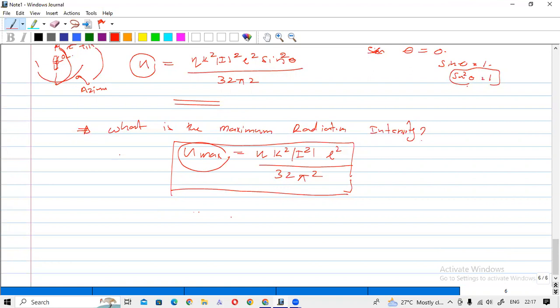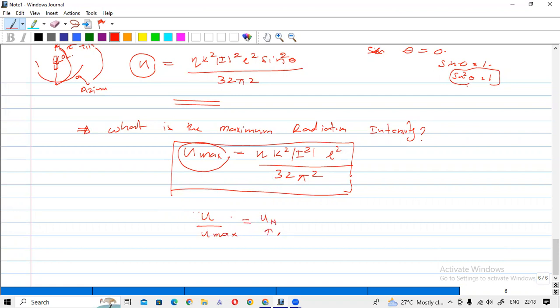And if you divide the radiation intensity by the maximum intensity, you will get what is called normalized radiation intensity.